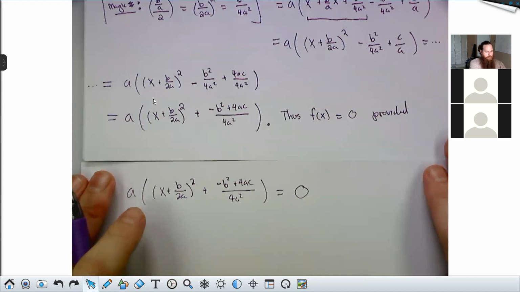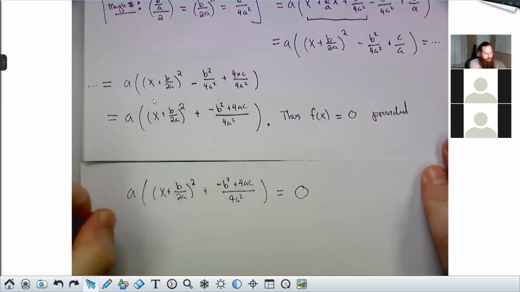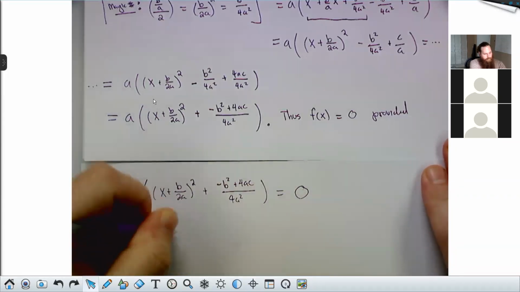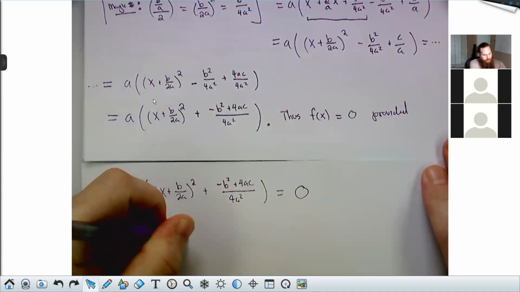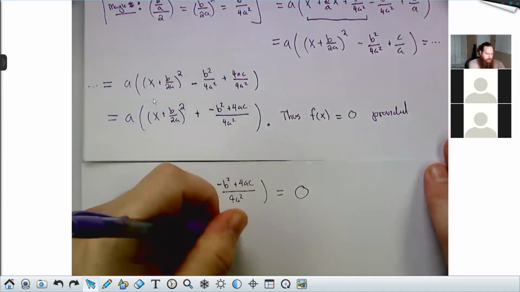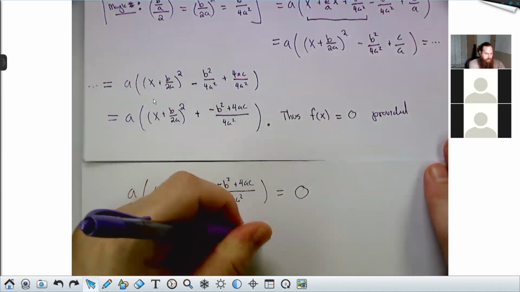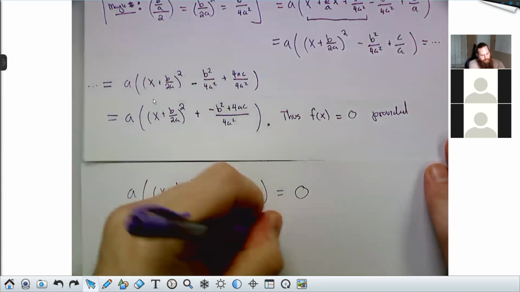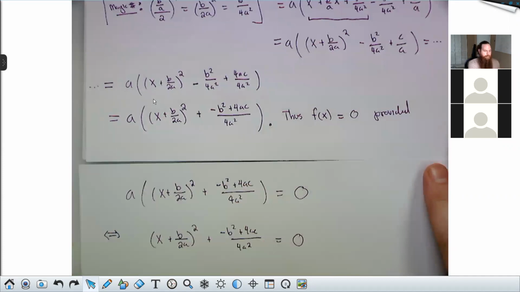My next step is to divide both sides by a. 0 divided by a is still 0, so I get x plus b over 2a squared plus negative b squared plus 4ac all over 4a squared is equal to 0.